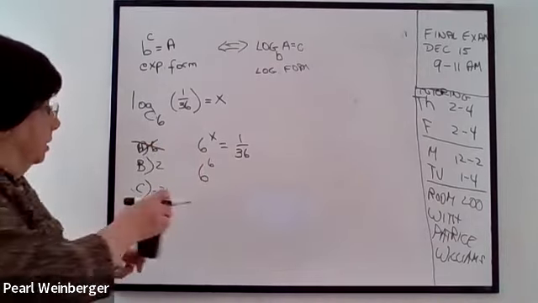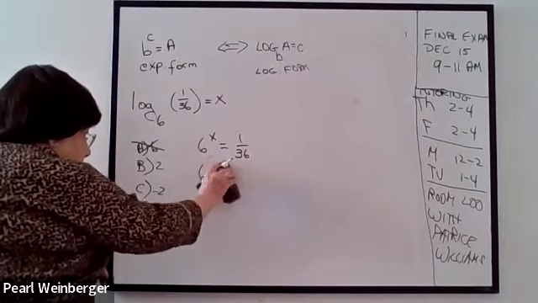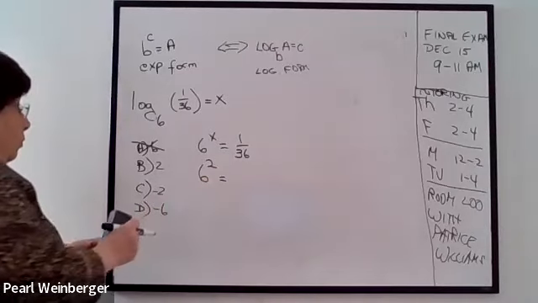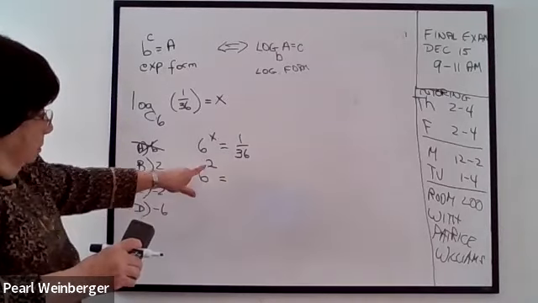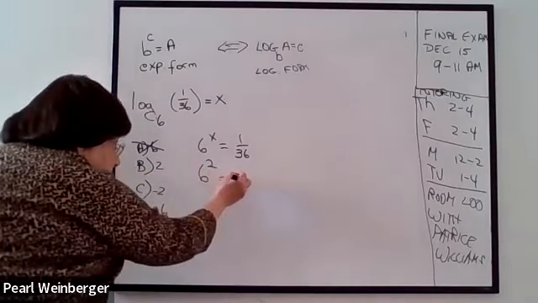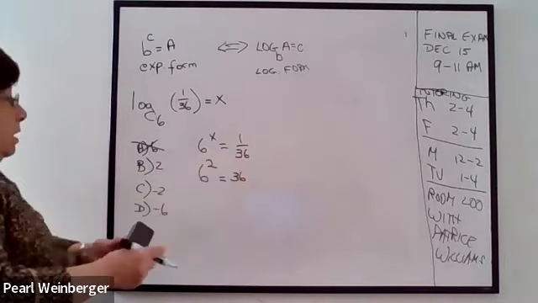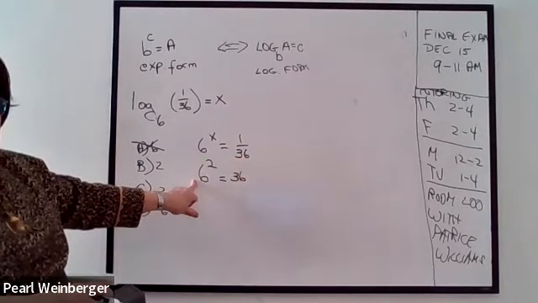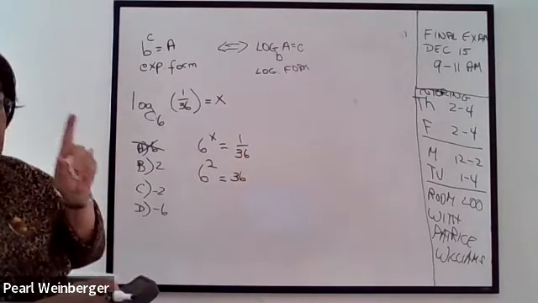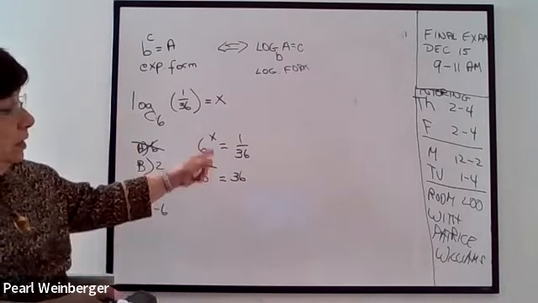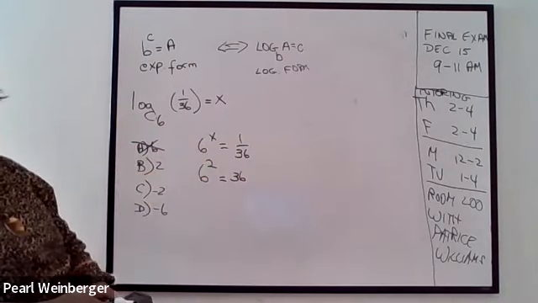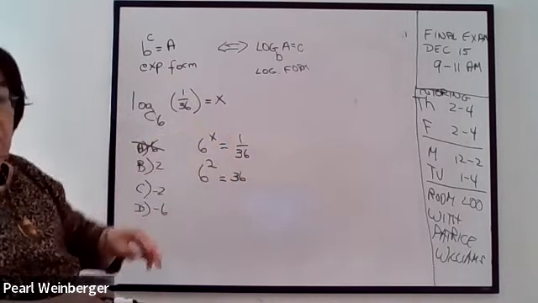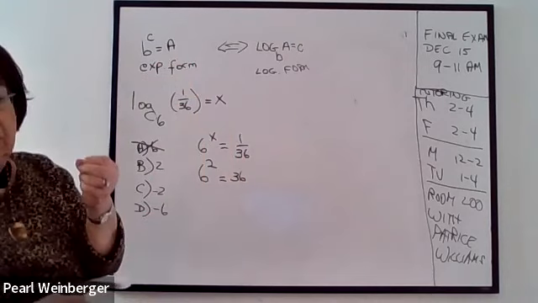So let's try the next choice, 2. Can that work? Well, 6 to the 2 means 36. 6 times 6. It doesn't give us 1 over 36, it just gives us plain 36. But now I think, what makes it into a fraction? In order to get it into the denominator, I need a negative sign.